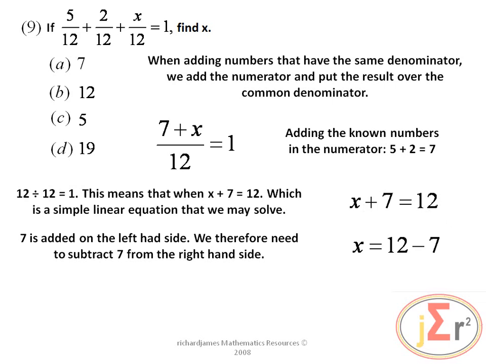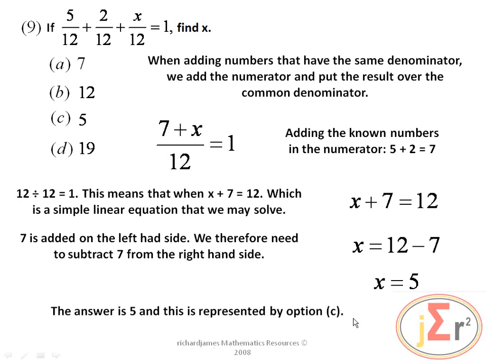Why? Because the opposite of addition is subtraction. So we have x is equal to 5, and we have taken another approach and arrived at the same answer, 5, which is represented again by option C.